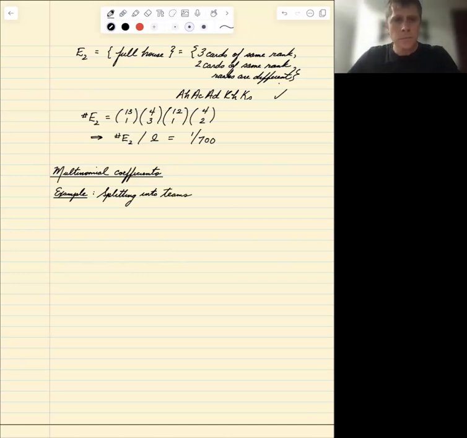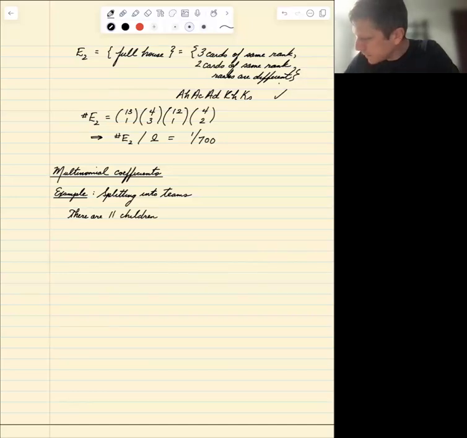There are 11 children and 3 activities. Activity A requires 6 participants.